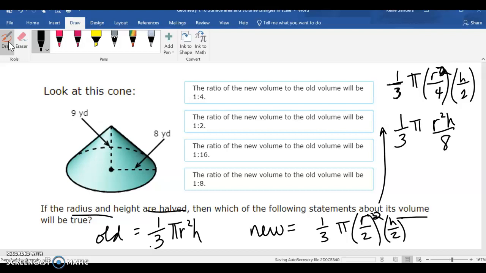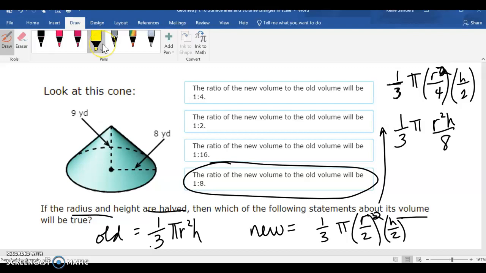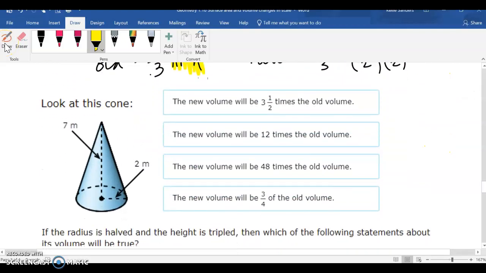So if I'm dividing by 8, it's getting smaller by a ratio of 1 to 8. Because the 1/3 is the same in both of them. But if we're dividing by 8, then we're getting smaller.